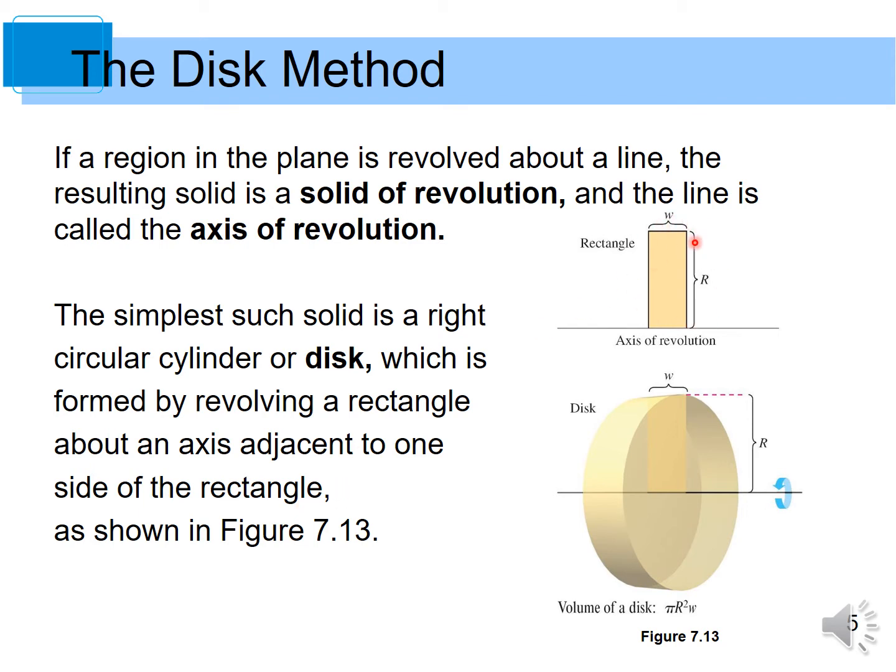Look at this rectangle with the height R and the width W. If this rectangle is revolved about this axis of revolution, the solid of revolution, which we call a disk, will be formed.